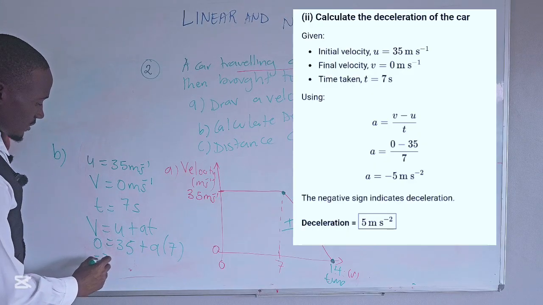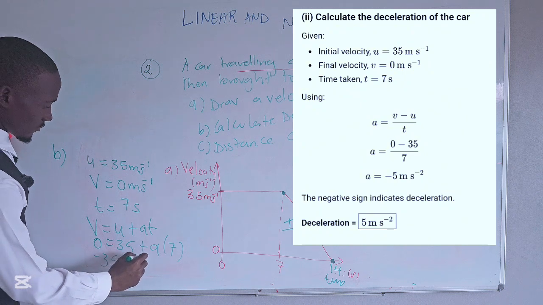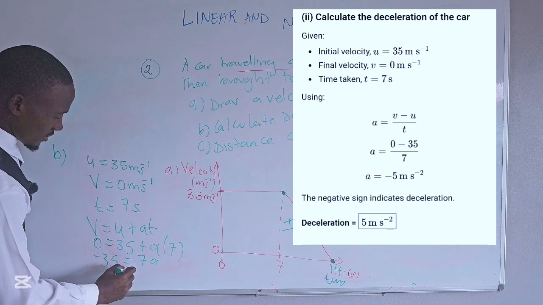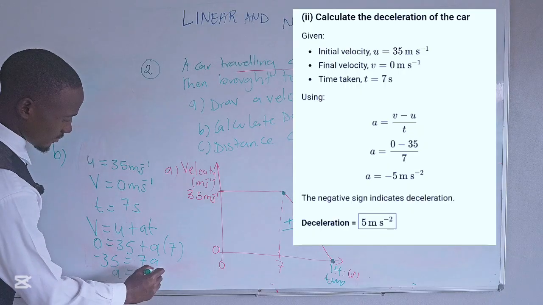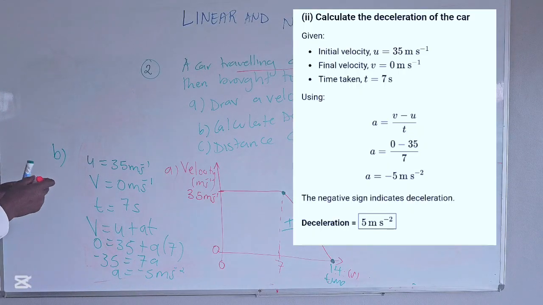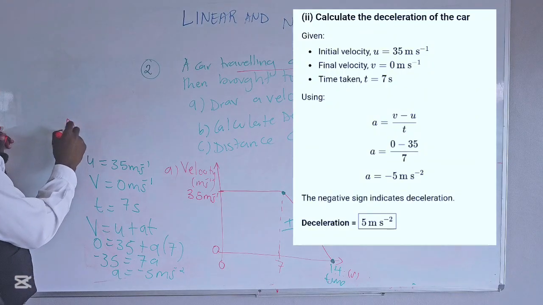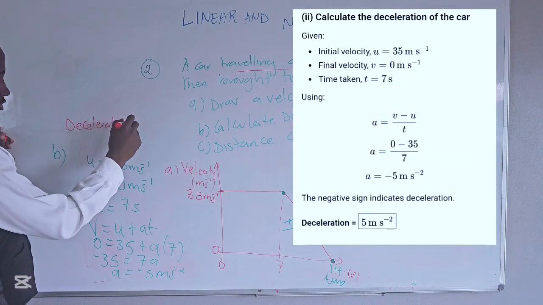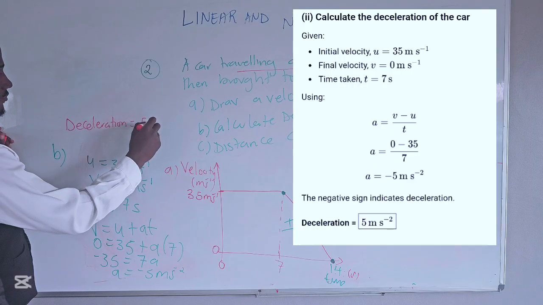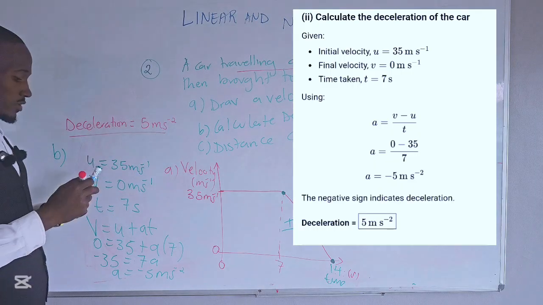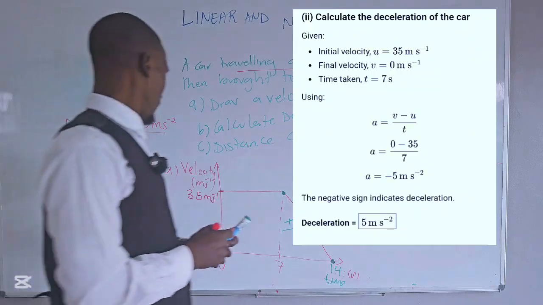So this gives us negative 35 is equal to 7a, and this gives us a as negative 5 meters per second square. So from there you can see that our deceleration, when you write in deceleration, you write it as a positive value. Don't forget to write the correct units.